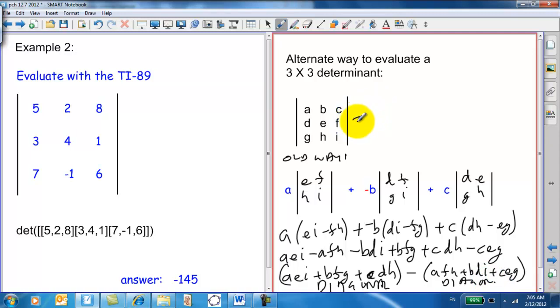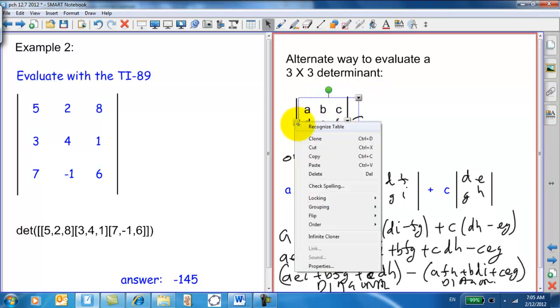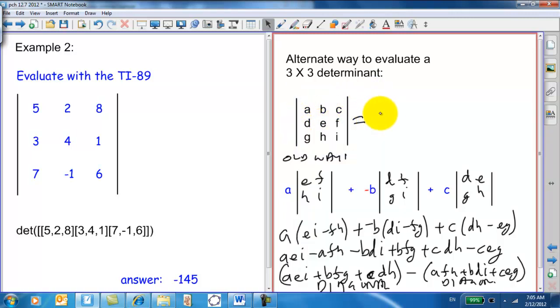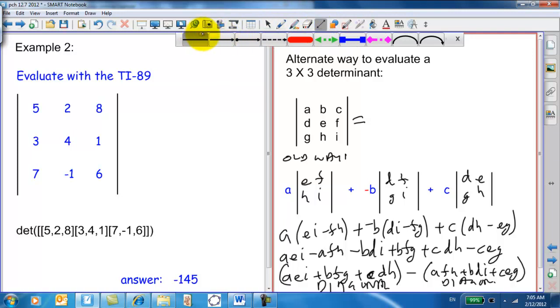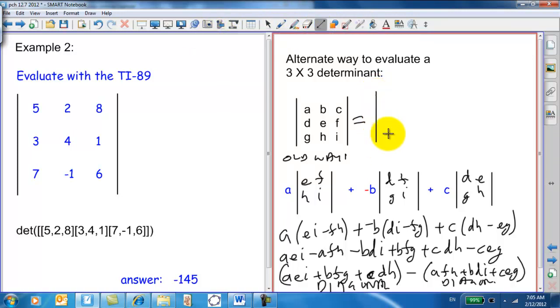One way to look at this is to rewrite it as a much longer matrix.